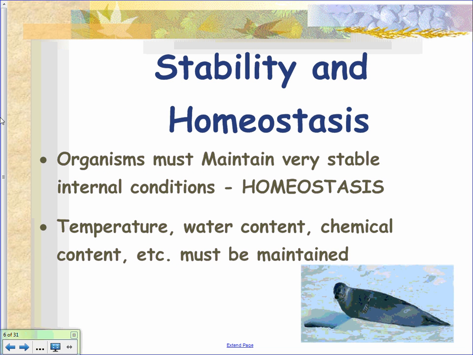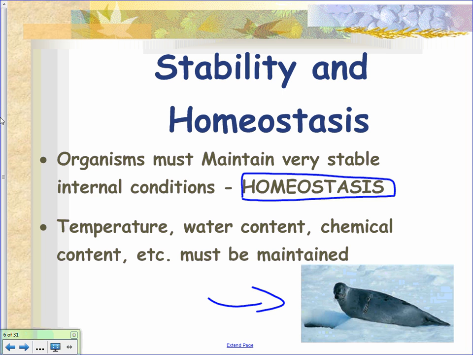Looking at the next theme very quickly, stability and homeostasis. Remember, by definition, homeostasis is the ability of an organism to maintain stable internal conditions. For example, this seal here needs to maintain its temperature.